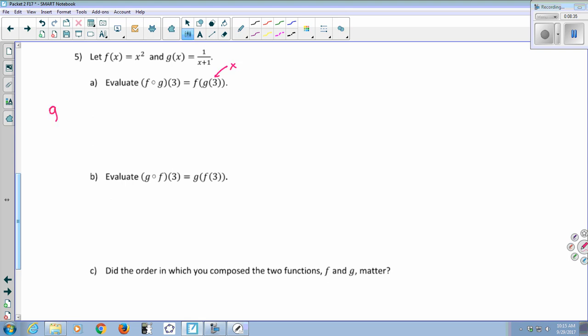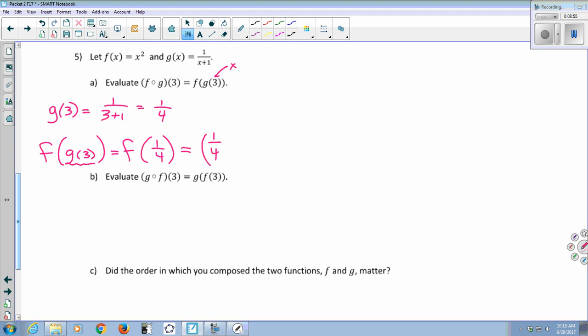So g of 3 is 1 over 3 plus 1, which is 1/4. That means that f of g of 3 is f of 1/4, right? Replace the g of 3 with what it equals, 1/4. f of 1/4 is 1/4 squared, which is 1/16.